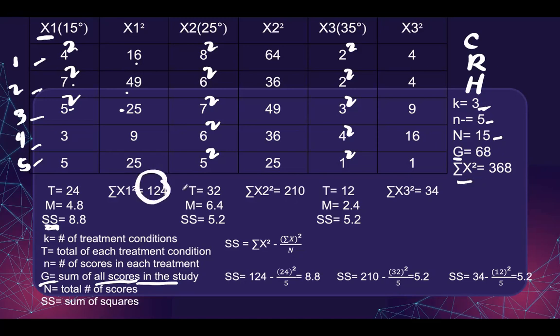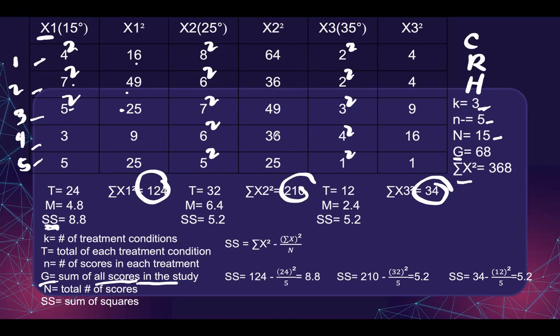Again, class, kailangan yung given na measurements, makuha yung sum of squares of that, kasi yan ang kailangan natin in the manual computations of the ANOVA. So 16 plus 49 plus 25 plus 9 plus 25 is equal to 124.